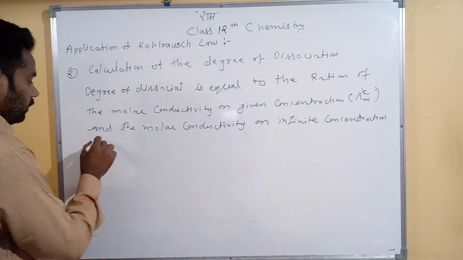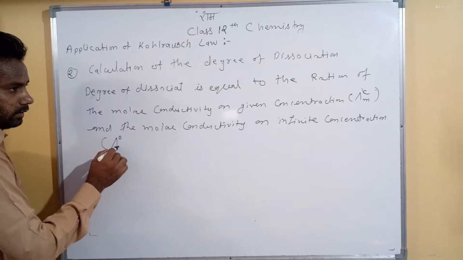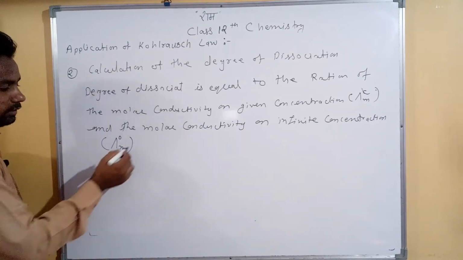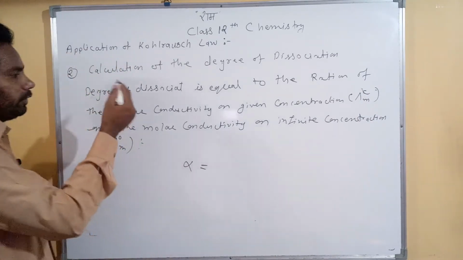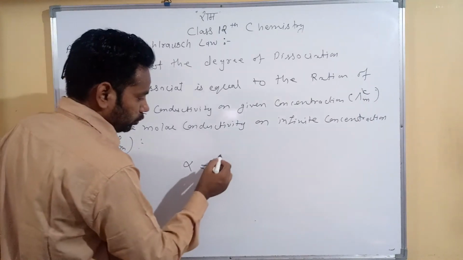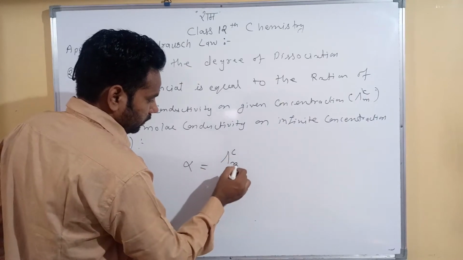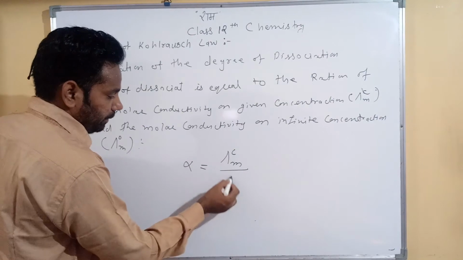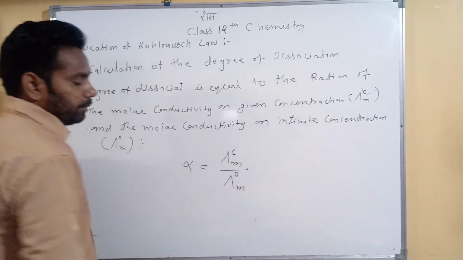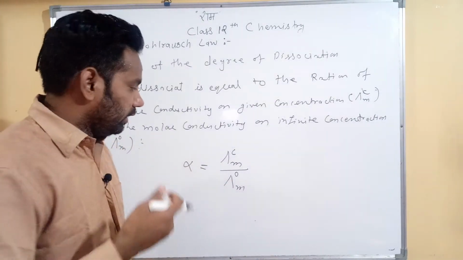Clear? Infinite concentration, it means this. So degree of dissociation is shown by alpha. So the formula of degree of dissociation is alpha is equal to molar conductivity at given concentration and limiting molar conductivity, it means the molar conductivity at infinite dilution.